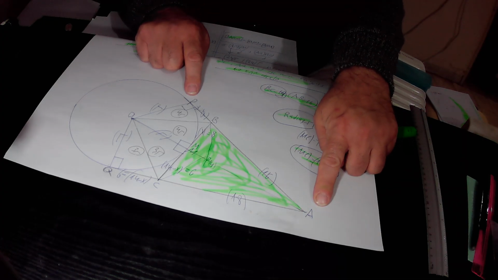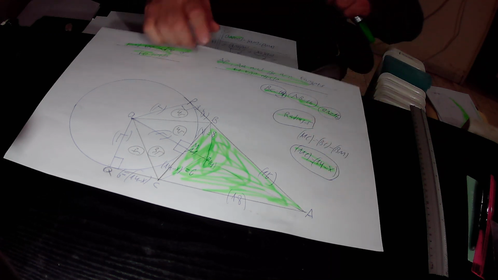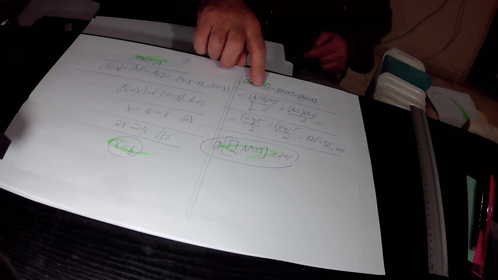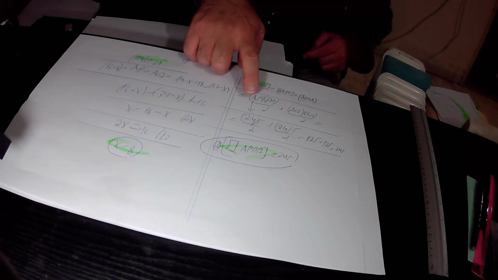AP is 16 plus 8, that is 24, times PO is R, over 2. So in total the area of triangle OPA is 24R over 2.